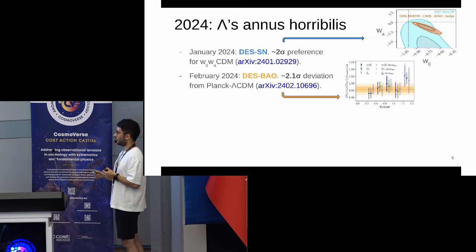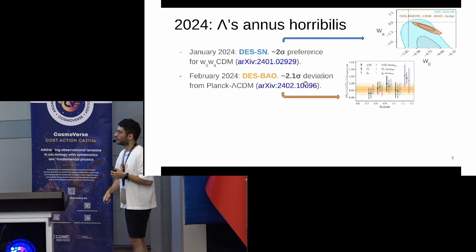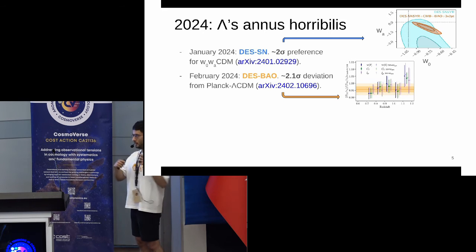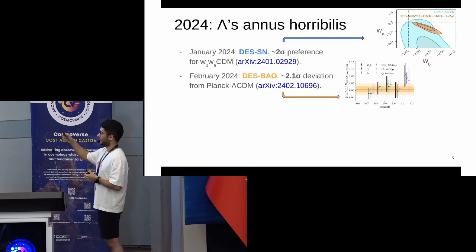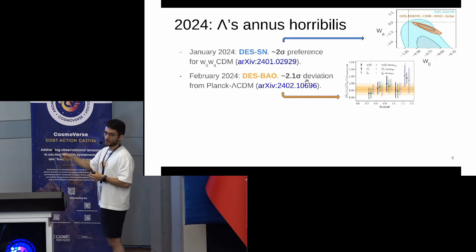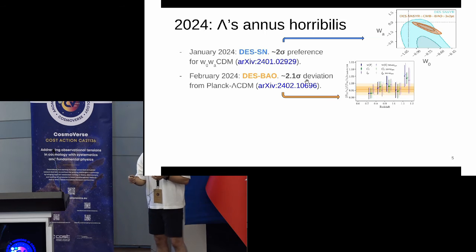Then in February, we released the latest Dark Energy Survey BAO results. And what we found is a 2.1 sigma tension with the flat Lambda CDM prediction. So basically, this was telling us that maybe interpreting our results, both BAO and CMB, under Lambda CDM was going to be complicated.